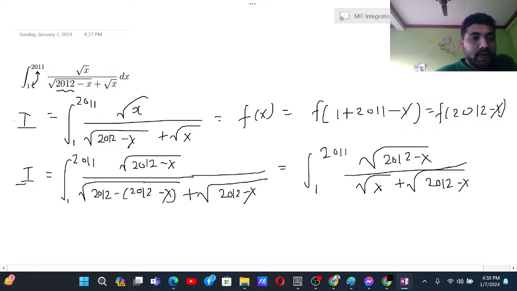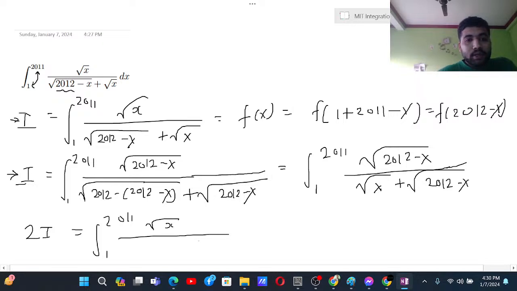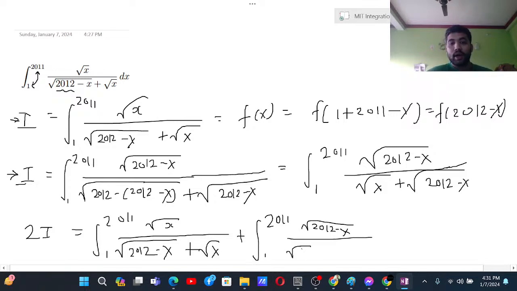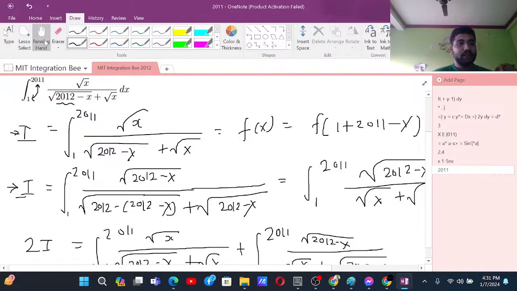Now if you add these two integrals, 2I equals the integral from 1 to 2011 of root x by root under 2012 minus x plus root x, plus the integral from 1 to 2011 of root under 2012 minus x by root x plus root under 2012 minus x. Now we are near the solution.